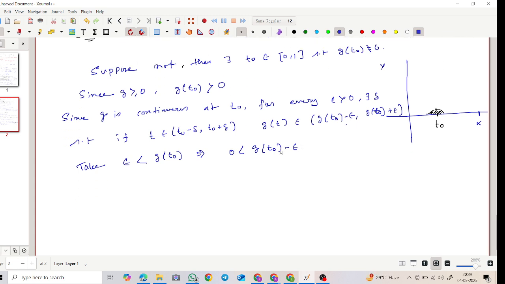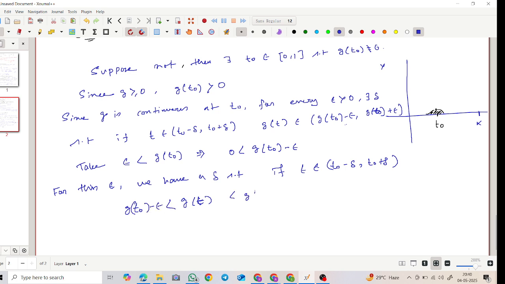For this epsilon, we have a delta such that if t belongs to (t naught minus delta, t naught plus delta), then g(t) was lying between g(t naught) minus epsilon and g(t naught) plus epsilon.